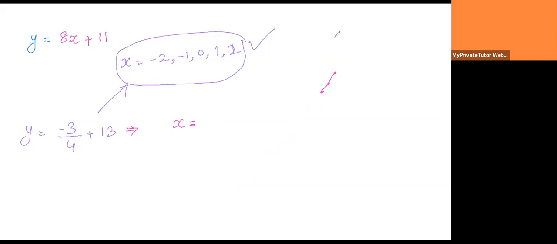What in this equation, the second linear equation, what are the X values we can assume? Anybody? Okay, someone said something, but to be precise you need to explain a bit. I think what you said is correct.